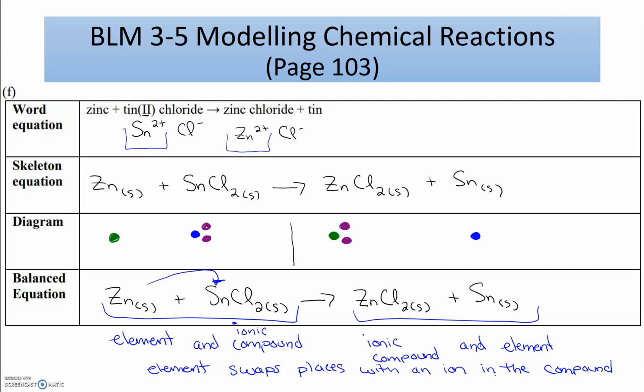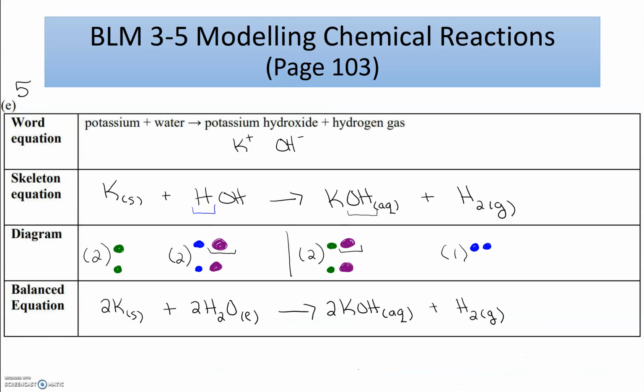Let's see if that's what's happening in E. And sure enough, in E, I've got that same pattern. I have an element and an ionic compound as my reactants. And as my products, oh, I shouldn't say ionic. It's actually water, which is a compound. So I'm just going to erase that. We'll say compound.